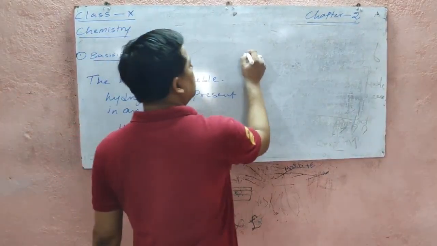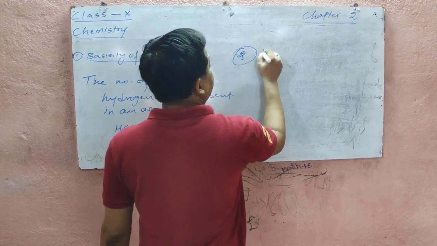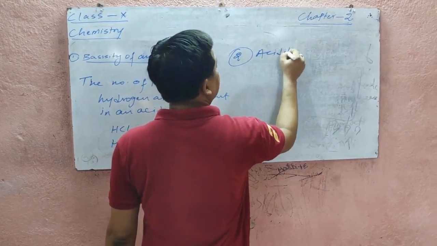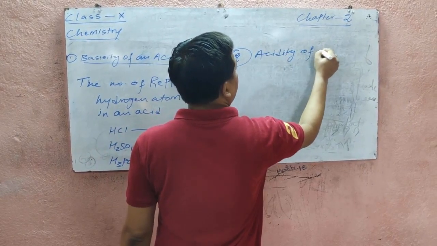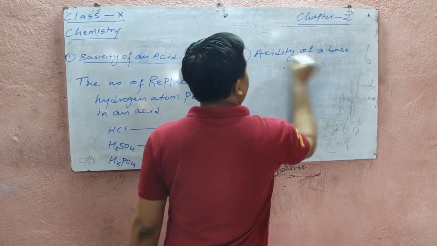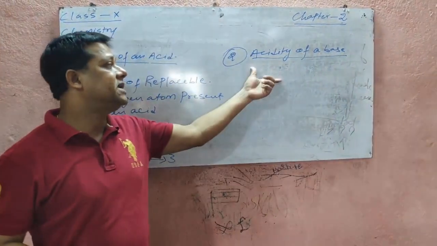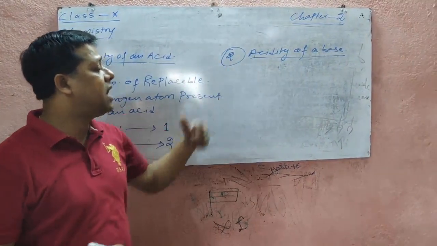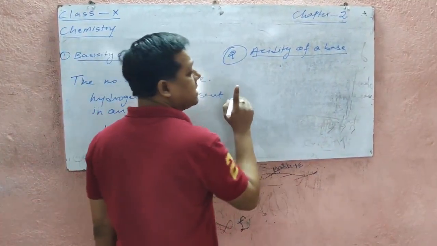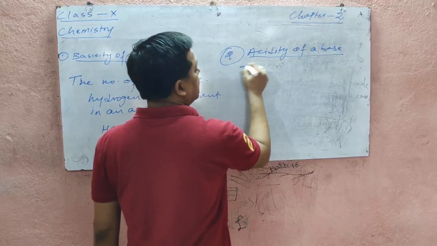Now the second part was acidity of a base. In a similar manner, acidity of a base means the number of replaceable hydroxide ions present in a base.